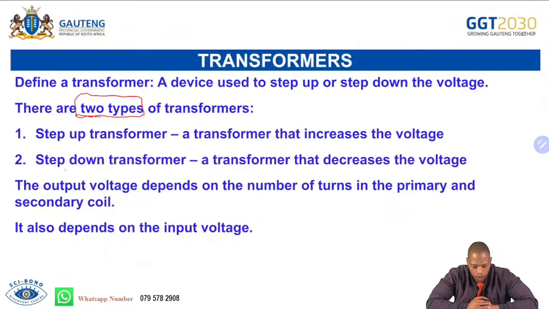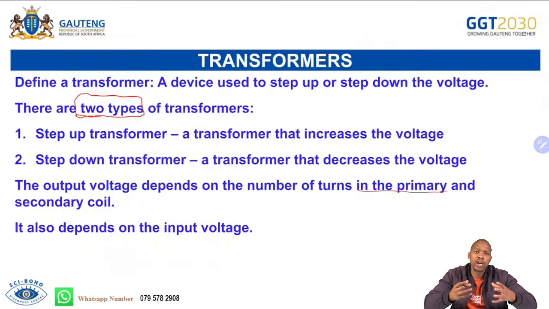Right. Whether the transformer is a step-up transformer or a step-down transformer will depend on two things in the making of the transformer. One, it depends on the number of turns in the primary coil versus the number of turns in the secondary coil.